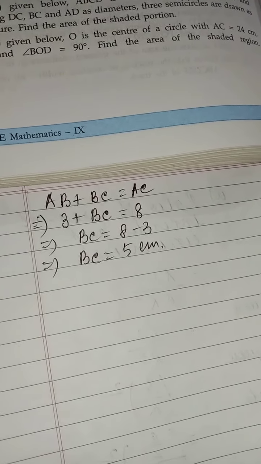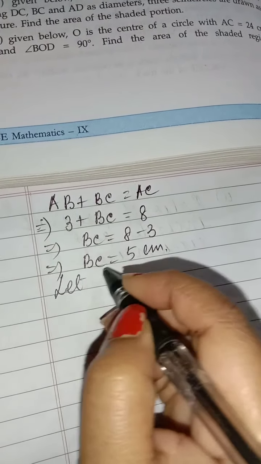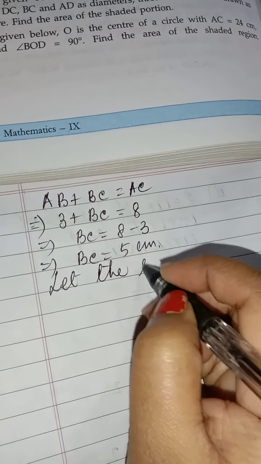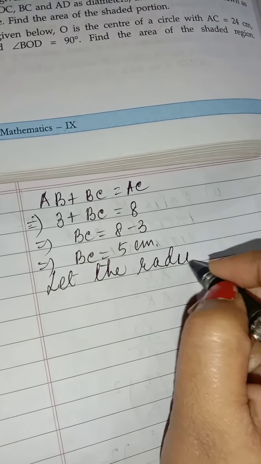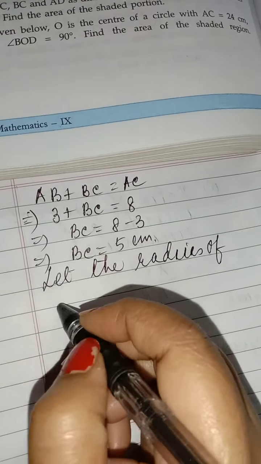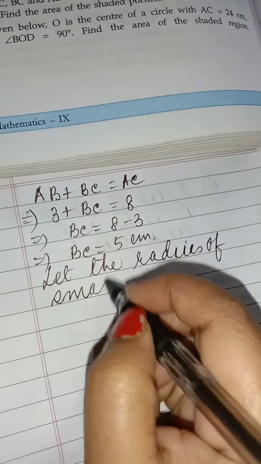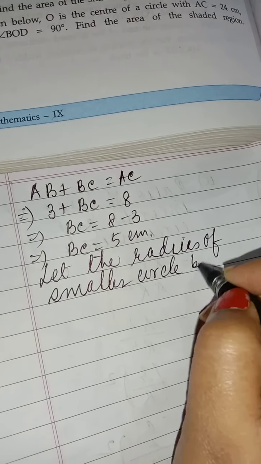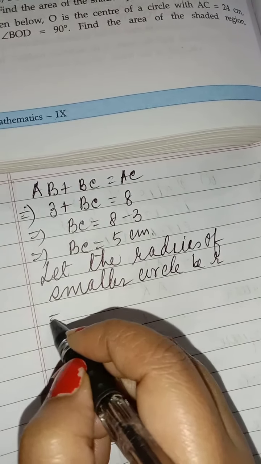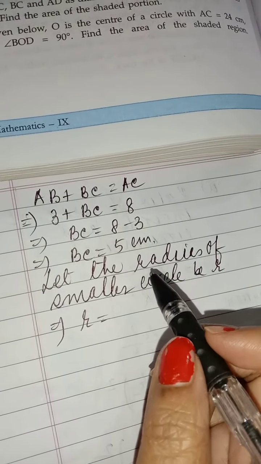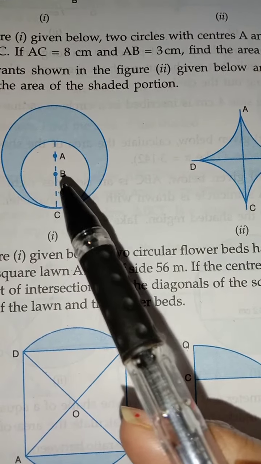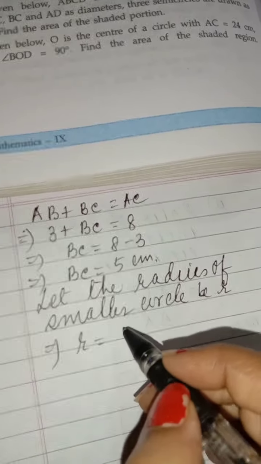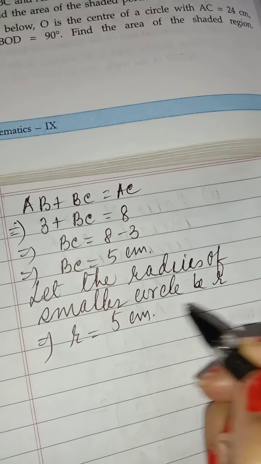Now let the radius of the smaller circle be r. The smaller circle has the radius BC, and we have the value of BC as 5 centimeter. So small r is 5 centimeter.